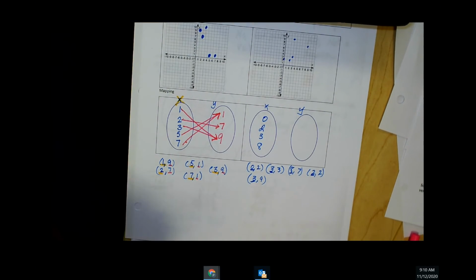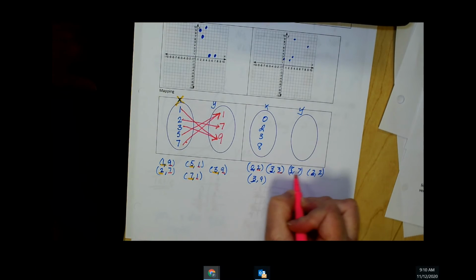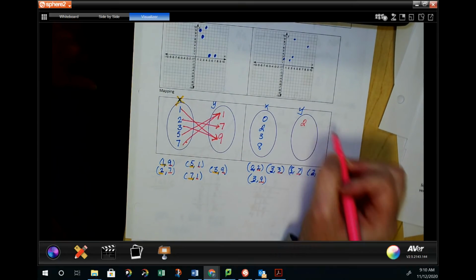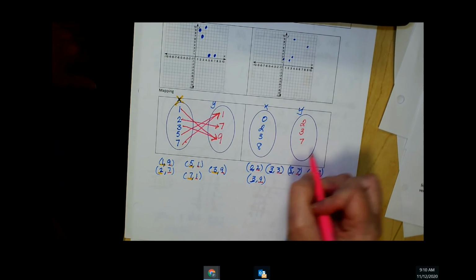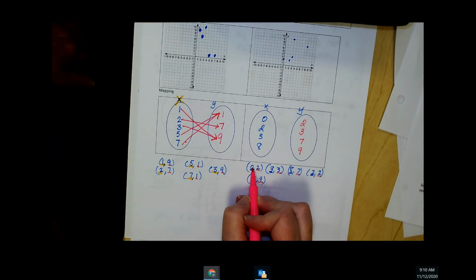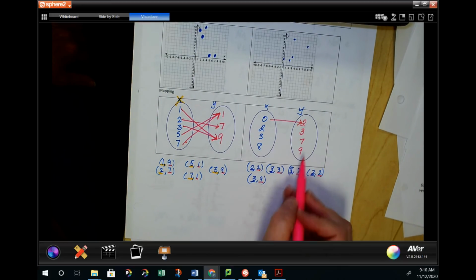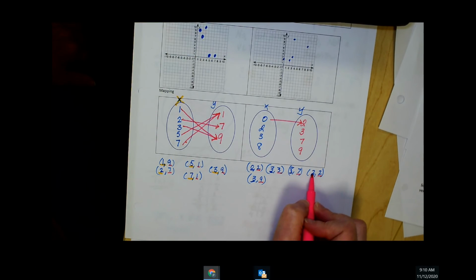Now I go through and I look for my y's. My y's, I have a 2, a 3, a 7, a 2, and a 9. So 0 goes to 2. 2 goes to 2.